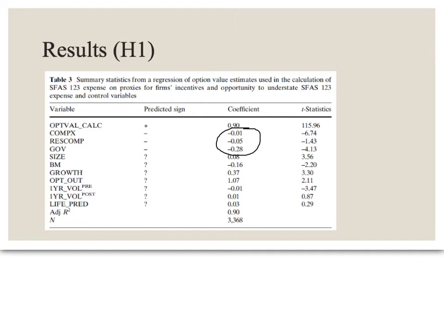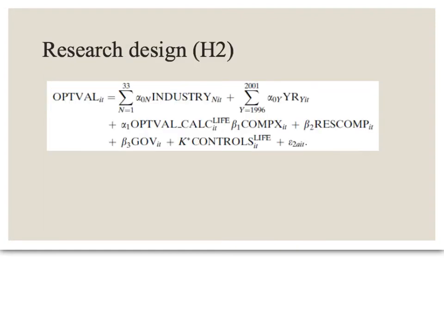This indicates that firms are more likely to understate SFAS 123 expense when the stock option compensation expense is large in magnitude, and when excessive executive pay is higher, and when corporate governance is weaker.